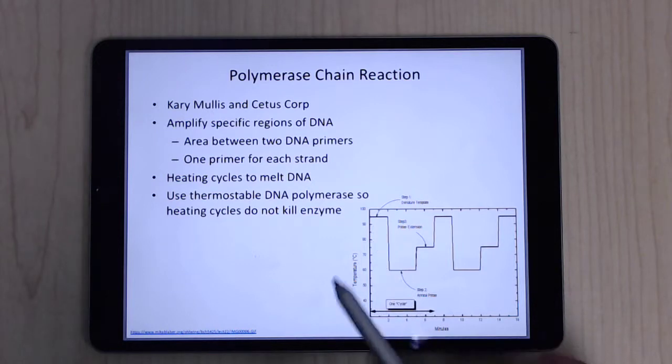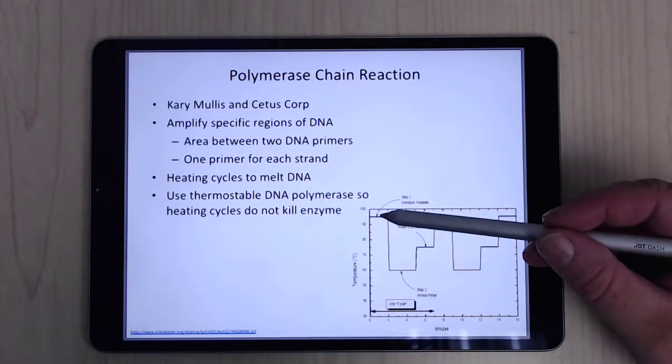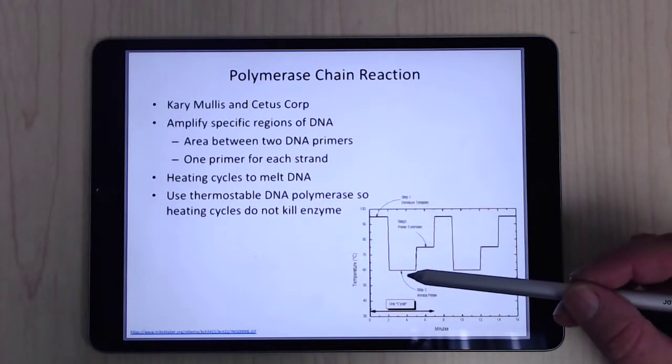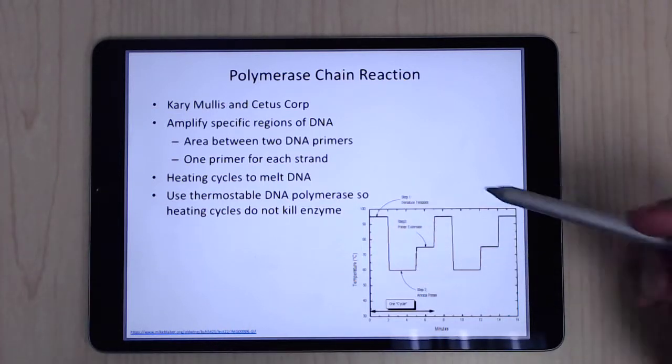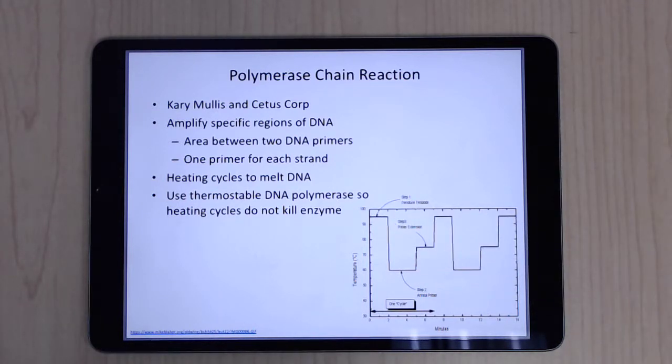You have to go through a melting step, so you melt the DNA at about 95 degrees, and now you've got single-stranded DNA. When this cools, the primers anneal before the full DNA comes back on, and then you go through a chain extension step where it extends out from those primers.